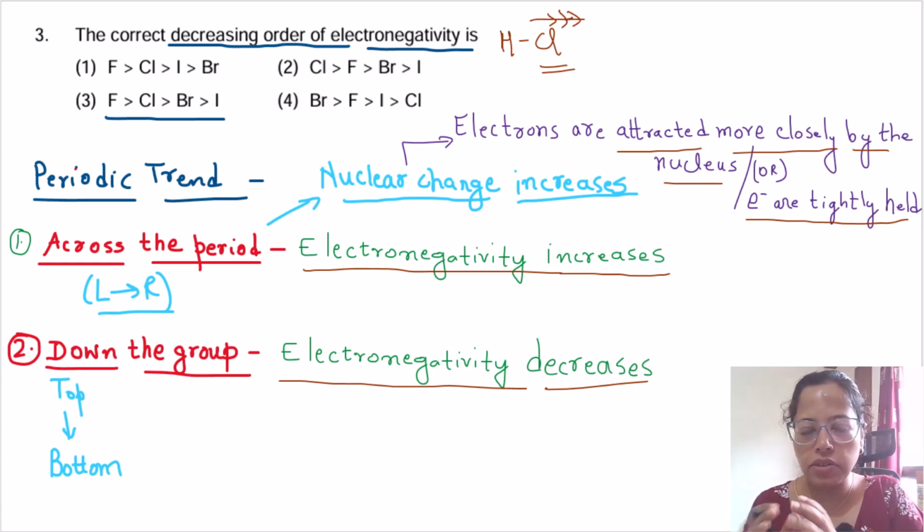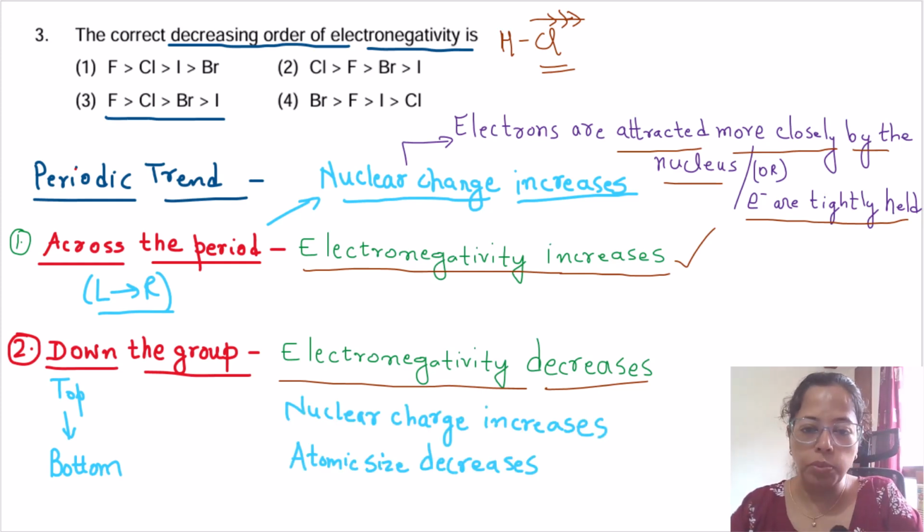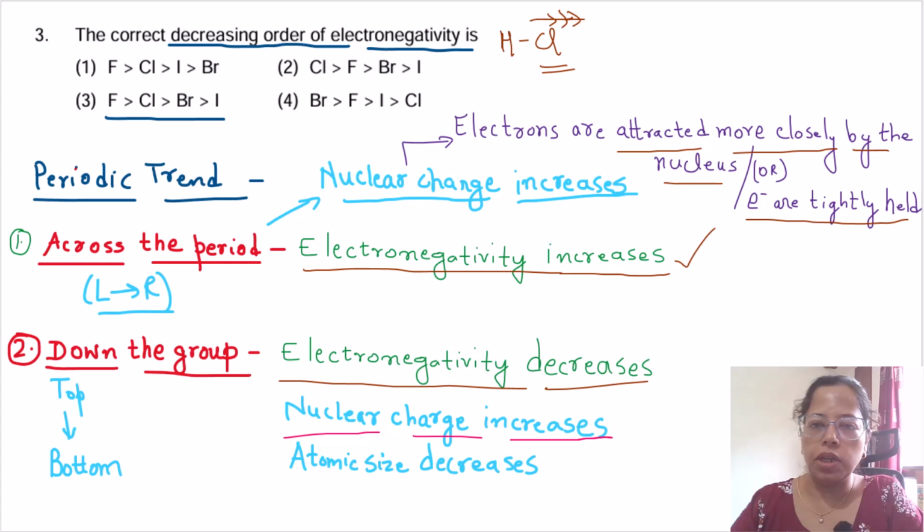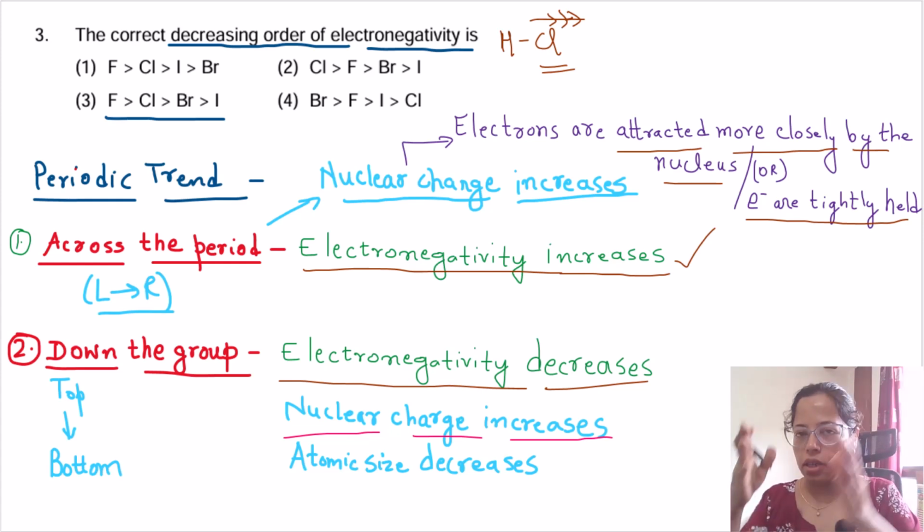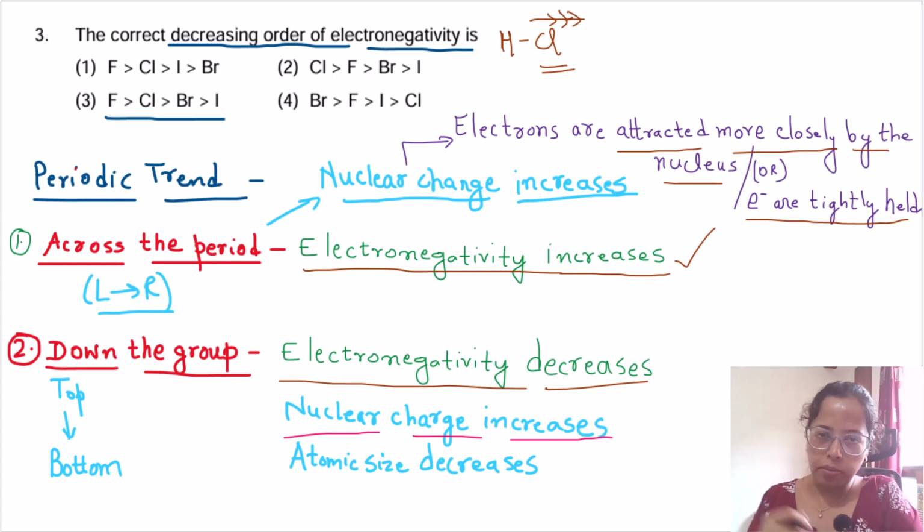So nuclear charge increases from left to right across a period. Electrons are also added, and this strong nuclear pull attracts the electrons more towards itself. So as we move from left to right in a period, electronegativity should increase. Now what happens down the group? Down the group, nuclear charge, as usual, should increase, because atomic number is also increasing as we move from top to bottom in a group.